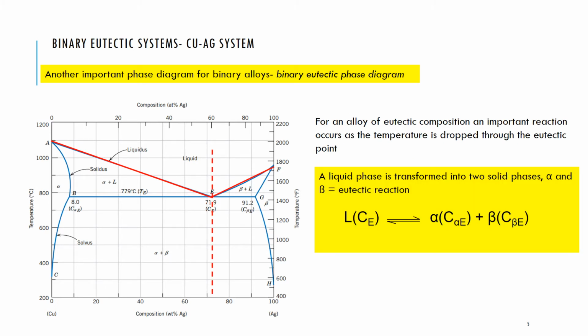Now, this is a special point in the phase diagram of copper and silver because an important reaction happens if you are at the eutectic composition and you cool the mixture from a liquid. So look what happens here. As you cool the mixture from a liquid, it is transformed into two solid phases, an alpha solid phase and a beta solid phase. And you can see that below that line, you enter this two-phase region, but that two-phase region is composed of two solid phases.